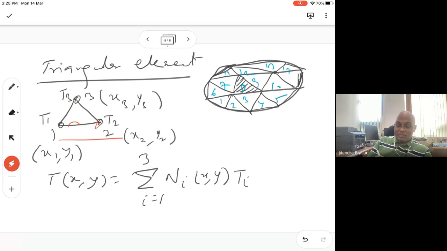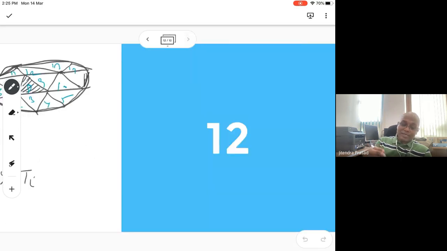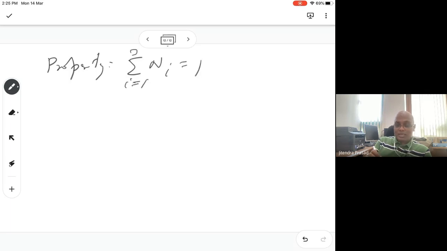Ni(x,y) we have to find out. You know the property that the summation of Ni for i equal to 1 to 3 has to be equal to 1, or N1 plus N2 plus N3 is equal to 1.